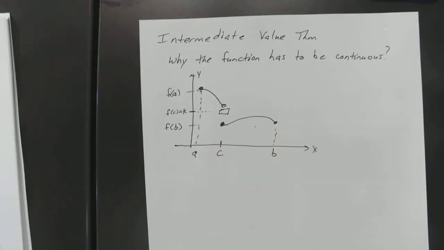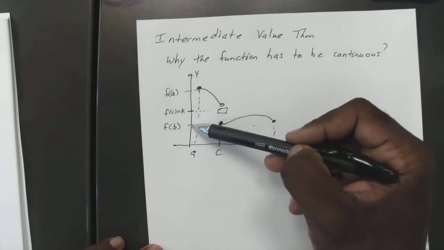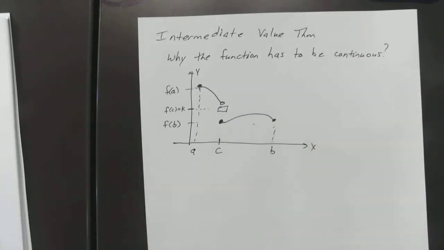So there's no value C between A and B that would equal some value K, for every value of K between f of A and f of B. That's why it has to be continuous, because if you had a piecewise or non-continuous function, then not every value between f of A and f of B would have a C value to represent it. Does that make sense?